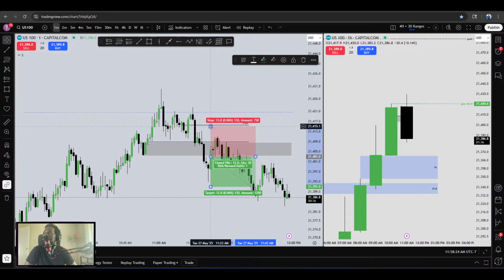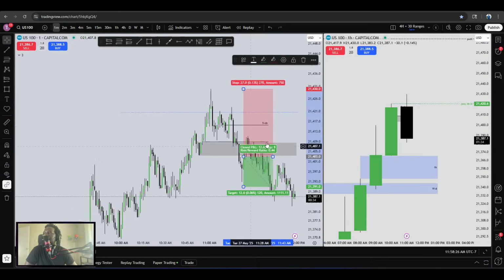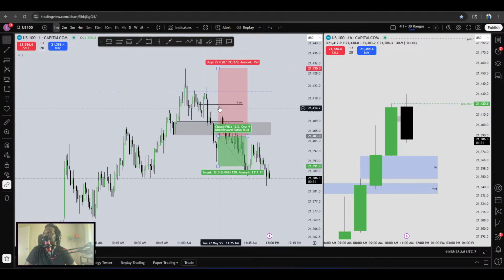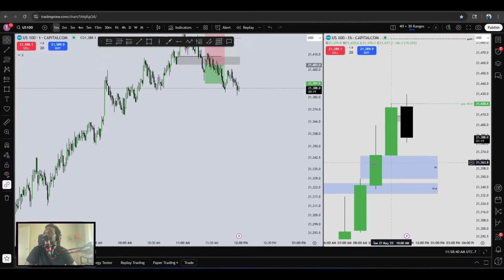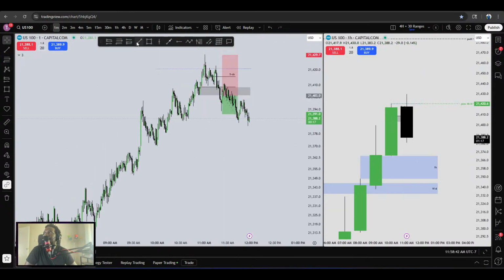My stop loss will be all the way up here, just to protect myself in case the trade zones too, especially that we have this fair value gap. I mean, the least will be right there, but I like being safe. And then the other end of this 1 hour will be my target.